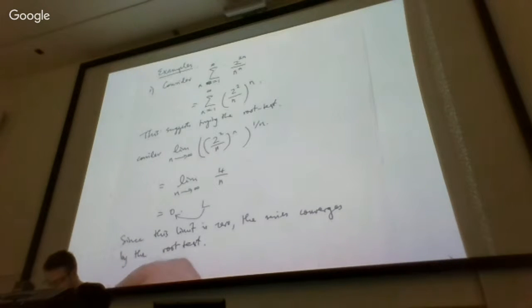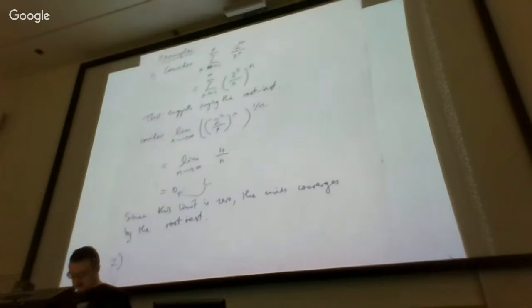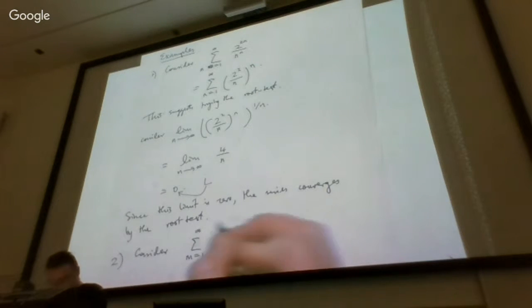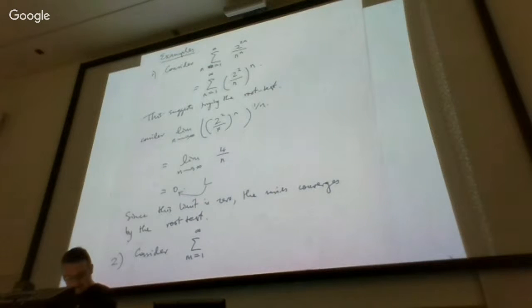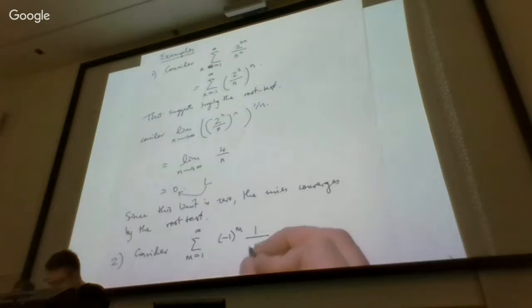Okay, let's look at another example. This time we're going to consider the sum from n equals 1 to infinity of minus 1 to the n, 1 over the square root of n.